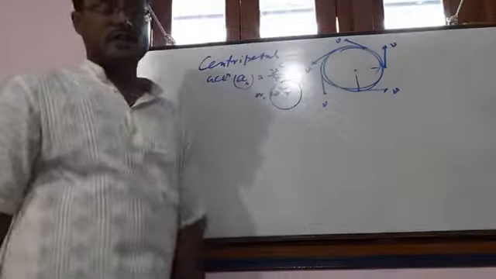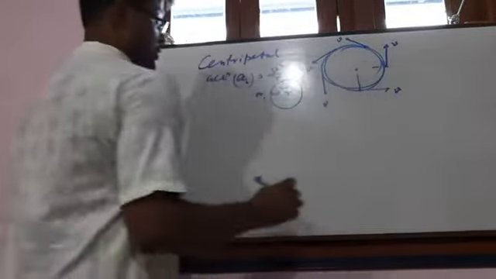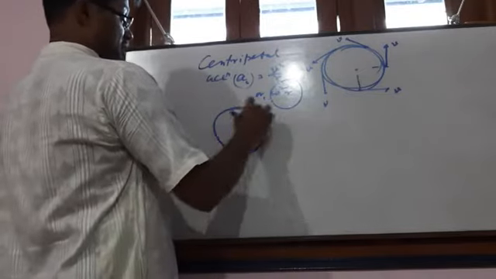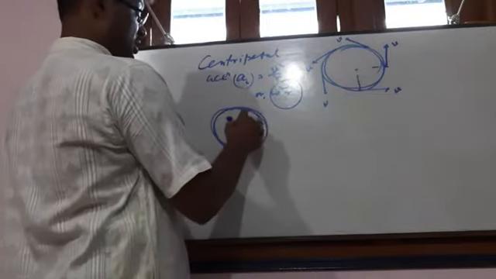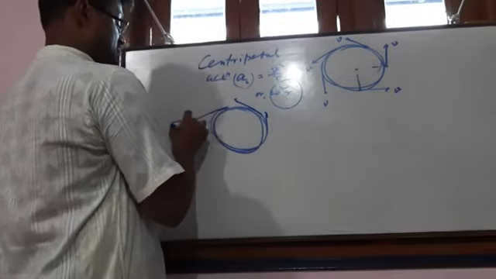Now, one more thing. Whenever the magnitude of this velocity is changing with time, like this is the circular path where the particle is moving. Here the velocity direction is this, then this, then this.